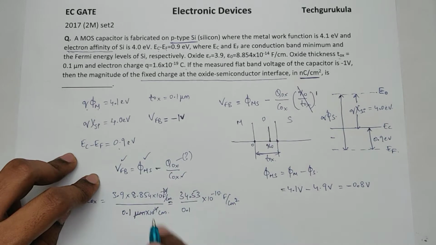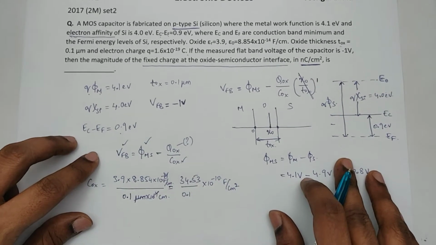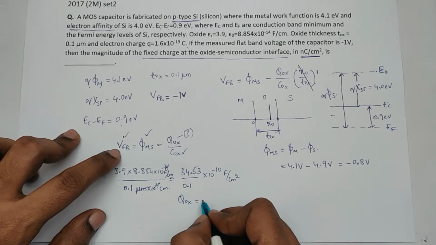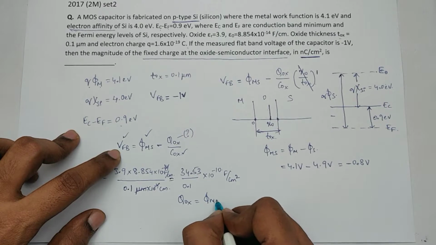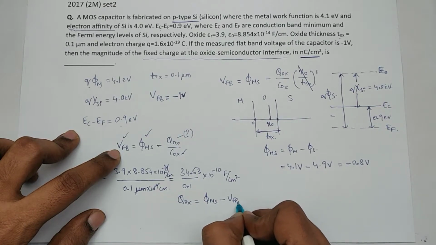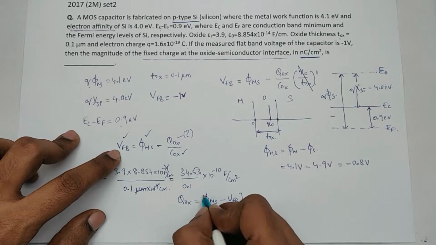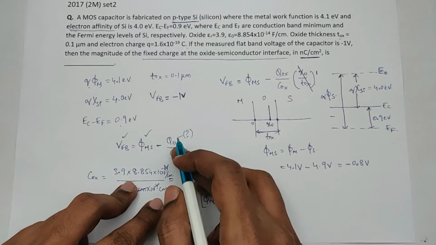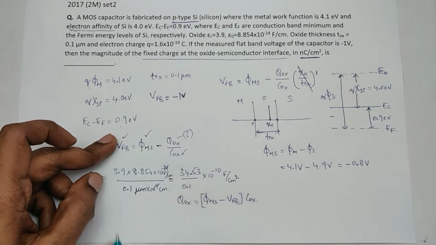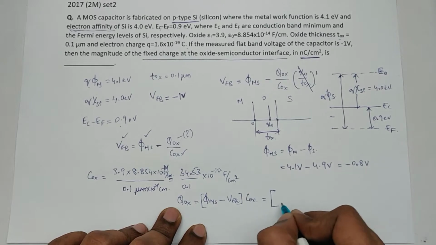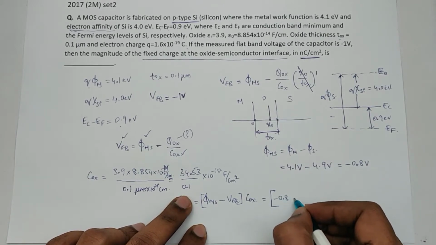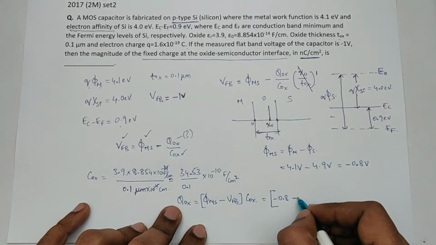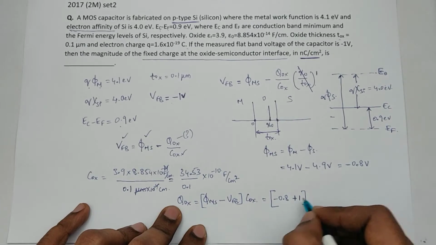Let me write the formula in terms of Qox: Qox is equal to phi ms minus VFB, times Cox. Phi ms is minus 0.8, VFB is minus 1, and minus of minus 1 is plus 1, so we get 0.2 times Cox.